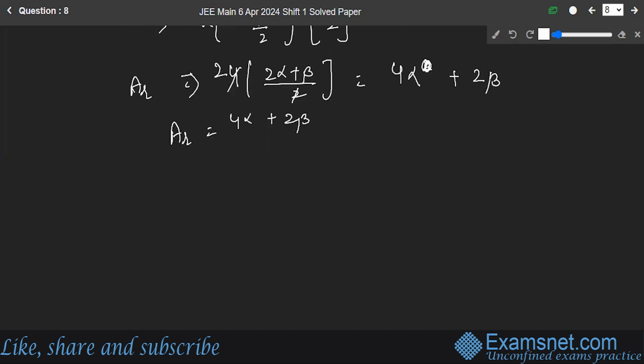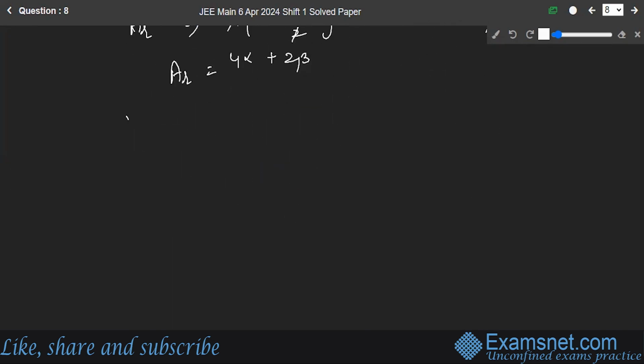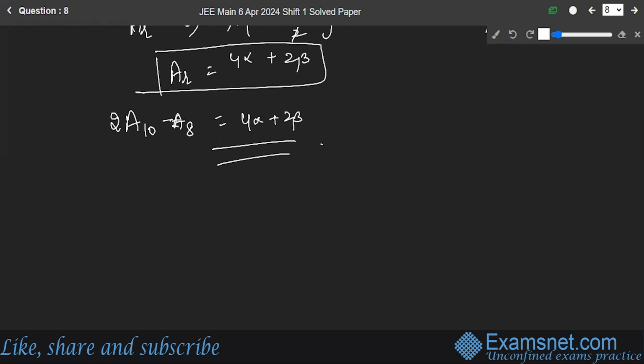And you have to find 2A10 minus A8. So 2A10 minus A8 will be equal to 4 alpha plus 2 beta only. The reason being, see, AR is equal to 4 alpha plus 2 beta.